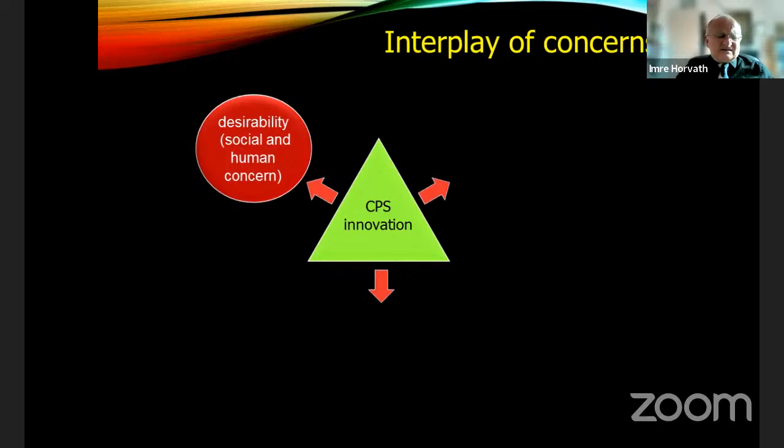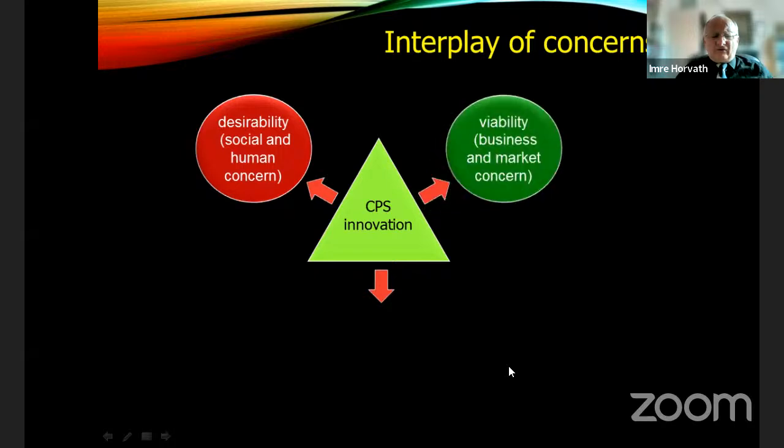Is it really something which, namely the planned cyber-physical system, addresses certain social and human concerns? The second thing is viability. If we invest that large amount of knowledge and effort into the development of a cyber-physical system, will it return the investment?